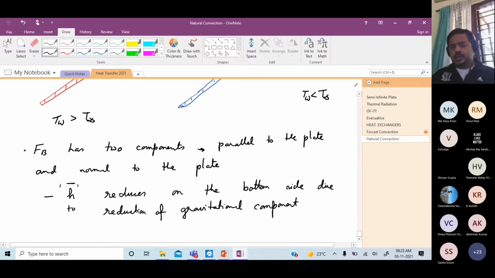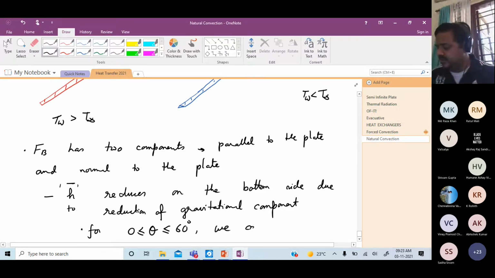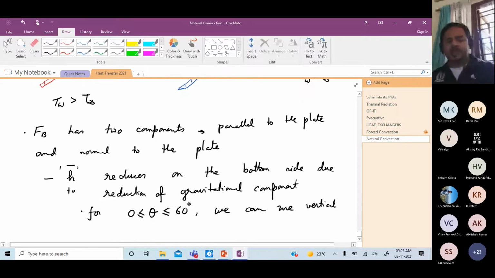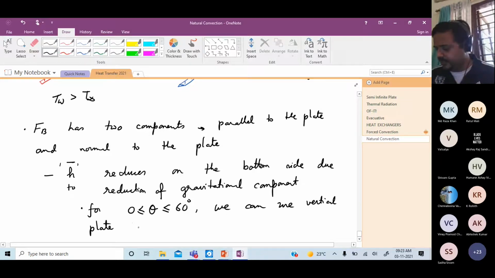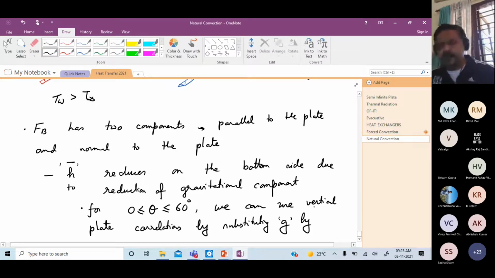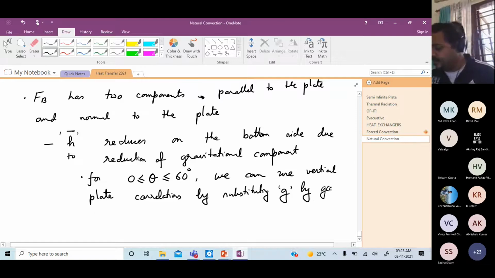And what we do is, for theta from 0 to 60 degrees, we can use the vertical plate correlation by substituting g by g cos theta. So in the Rayleigh number or Grashof number, that g has to be replaced by g cos theta.